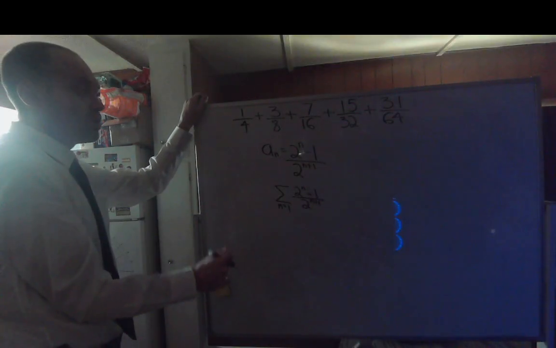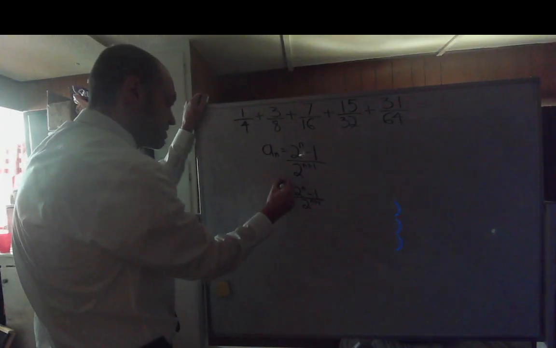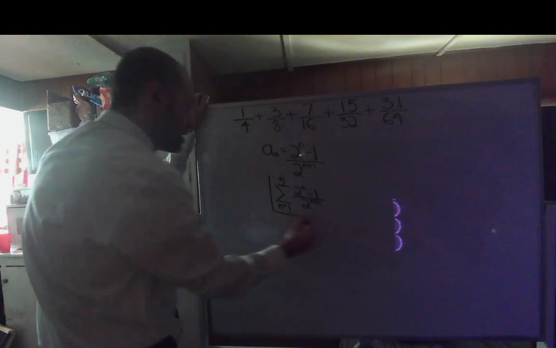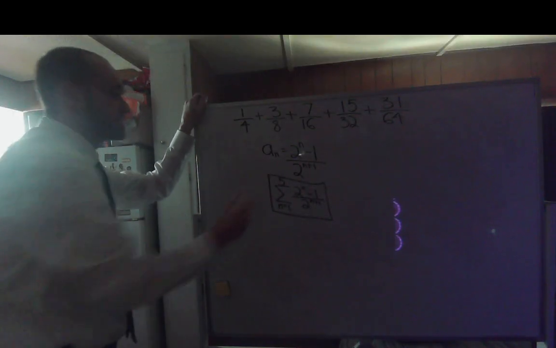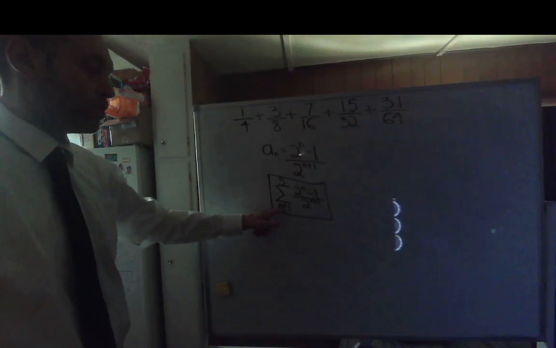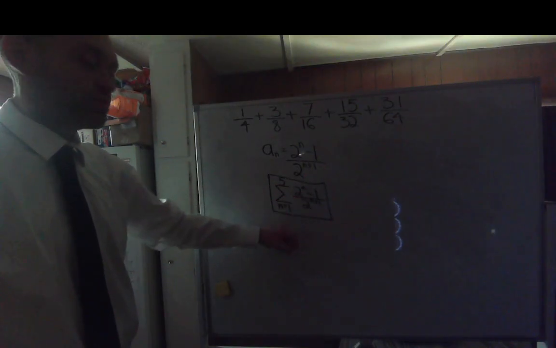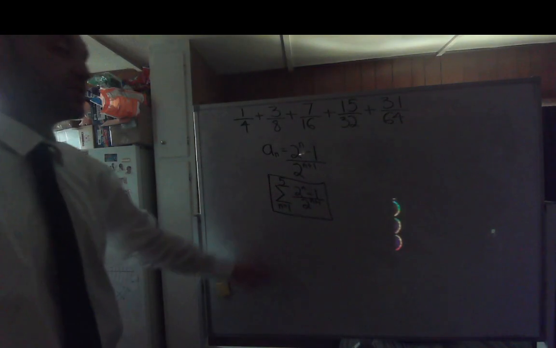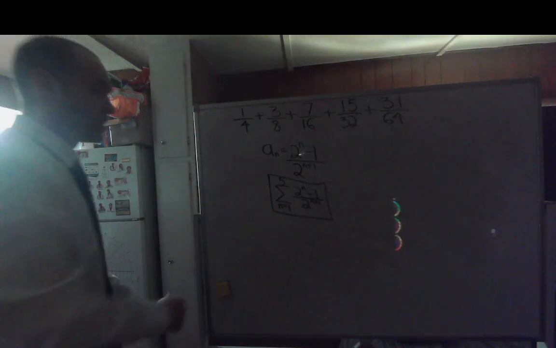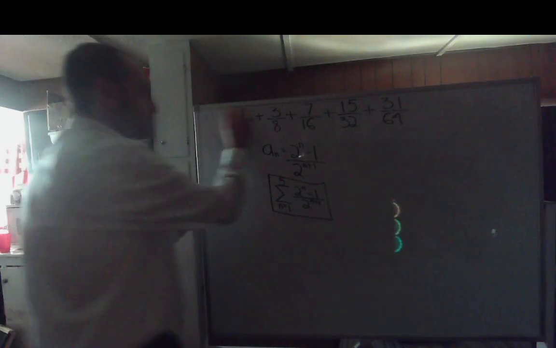You go all the way to 5. That's your upper limit of summation. So that's how you would write this series in sigma notation. It would be the sum from 1 to 5 of 2 to the n, that quantity minus 1, all over 2 to the n plus 1 power. Alright, so that's converting these to sigma notation.